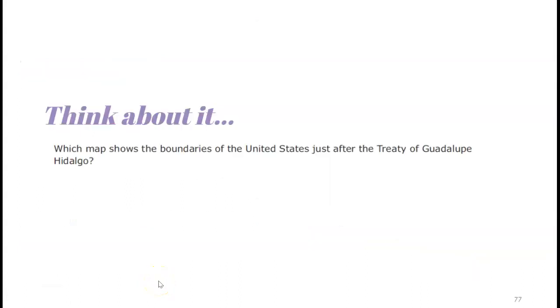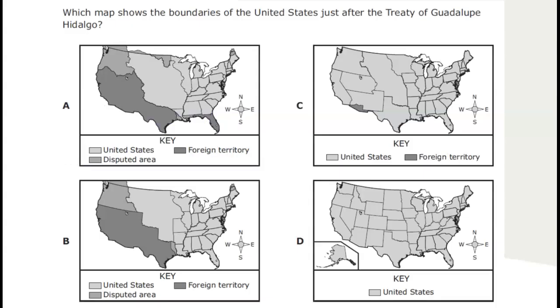Think about it. Which map shows the boundaries of the United States just after the Treaty of Guadalupe Hidalgo? Think about what war the Treaty of Guadalupe Hidalgo ended. So, which map shows the boundaries of the United States just after the Treaty of Guadalupe Hidalgo? Is it A, where the border is at the Louisiana Purchase?